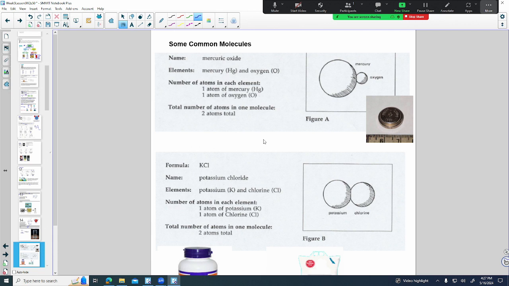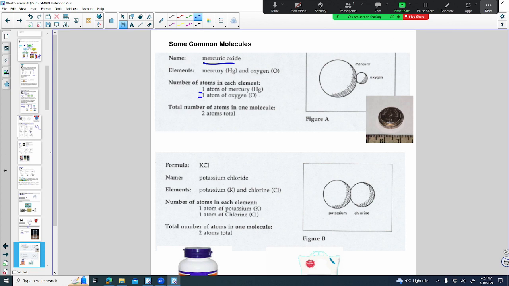Let's look at some more common molecules. Mercuric oxide is the name. The elements mercury and oxygen make up mercuric oxide. Number of atoms in each element: if you look at it, there's one atom of mercury, one atom of oxygen.